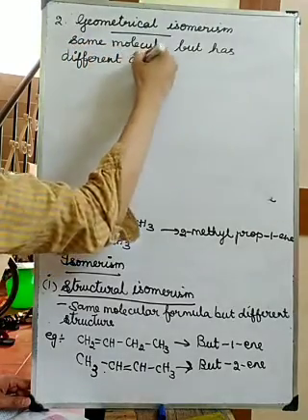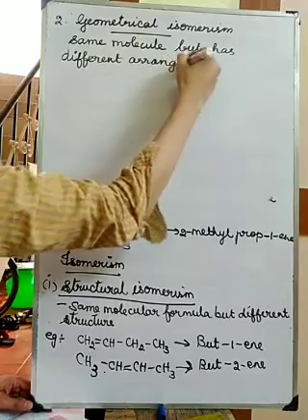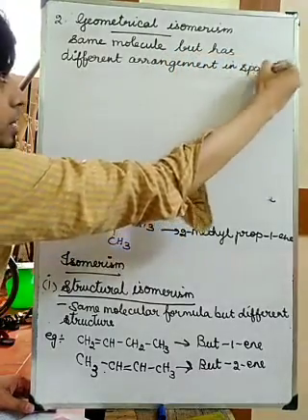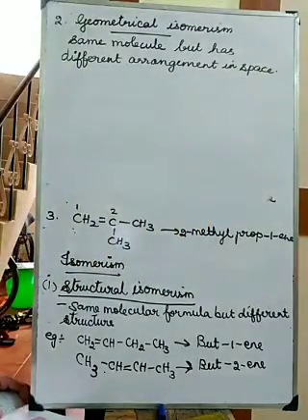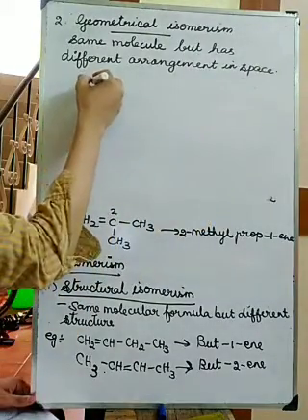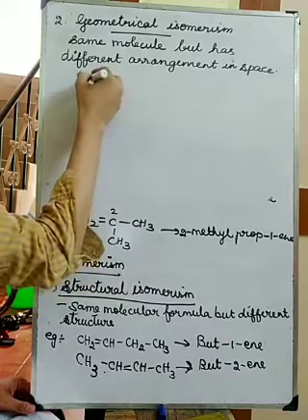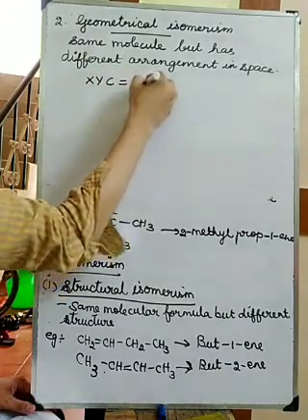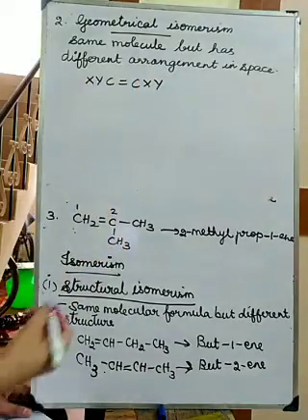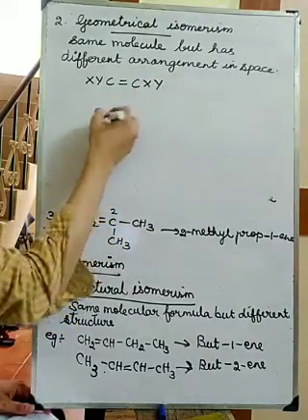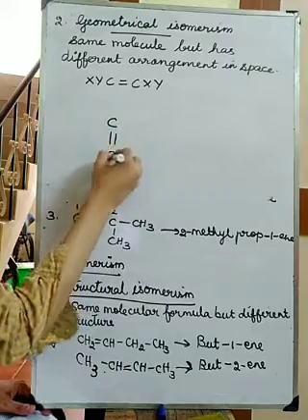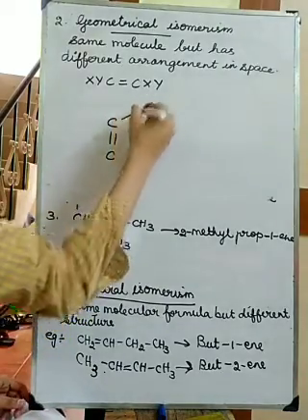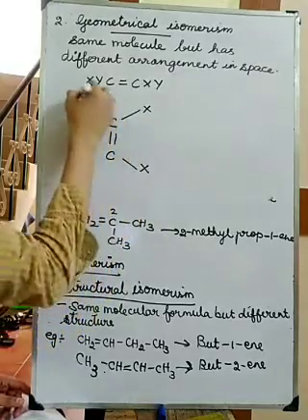Different arrangement in space. For example, suppose there is one compound like this, XYC double bond CXY. Carbon and carbon are having a double bond. So this can be one type of arrangement.